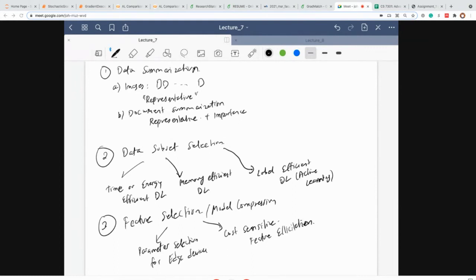What is the difference between energy efficient and memory efficient DL? Yeah, that's a great question again. Thank you. So for time or energy efficiency, if you don't care about memory, then we can come up with adaptive algorithms, and we'll talk about this a little bit, where the subsets adapt over time, right? So if you just care about time or energy efficiency, you can have these subsets changing over iterations, as long as you are just using a finite subset every time.